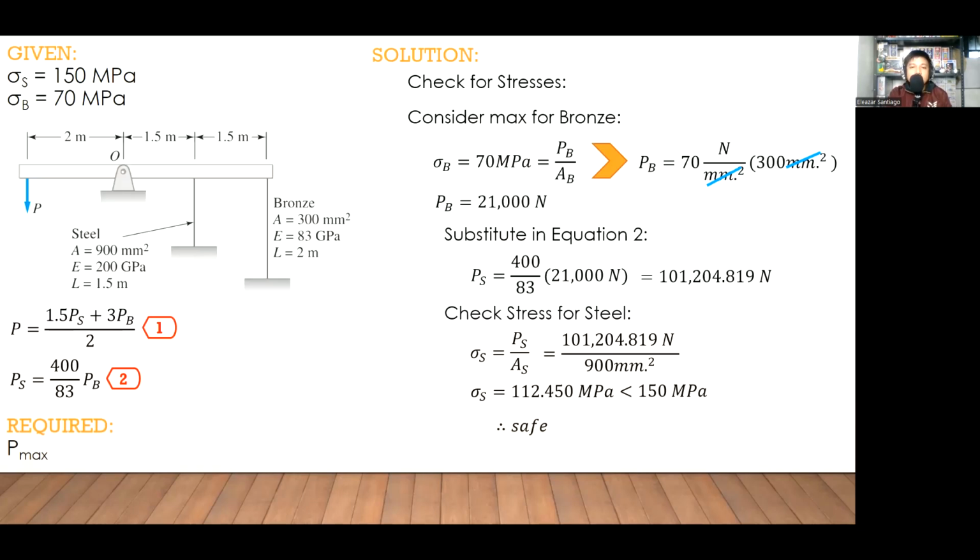Knowing that it is safe for both bronze and steel, it is safe for us to adopt the values of PB as well as PS. So for PB, the value is 21,000 newtons, while for PS, that is 101,204.819 newtons.